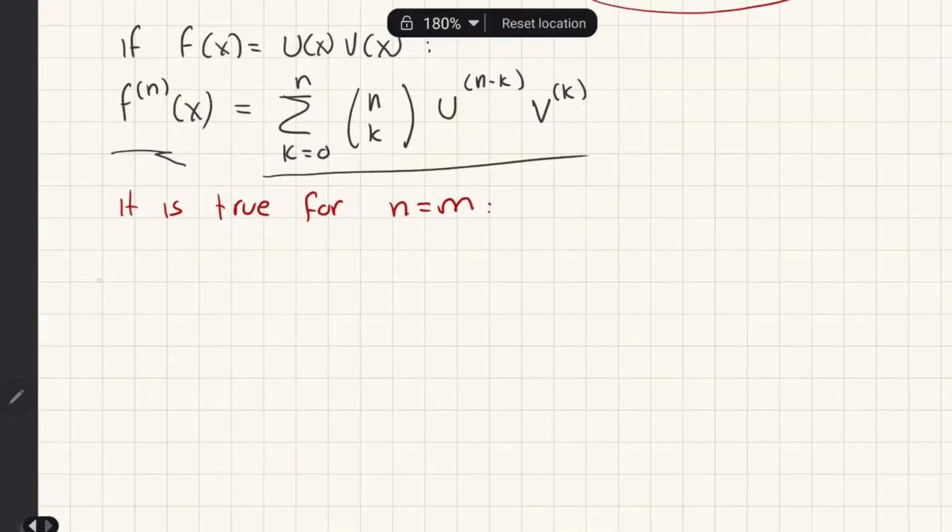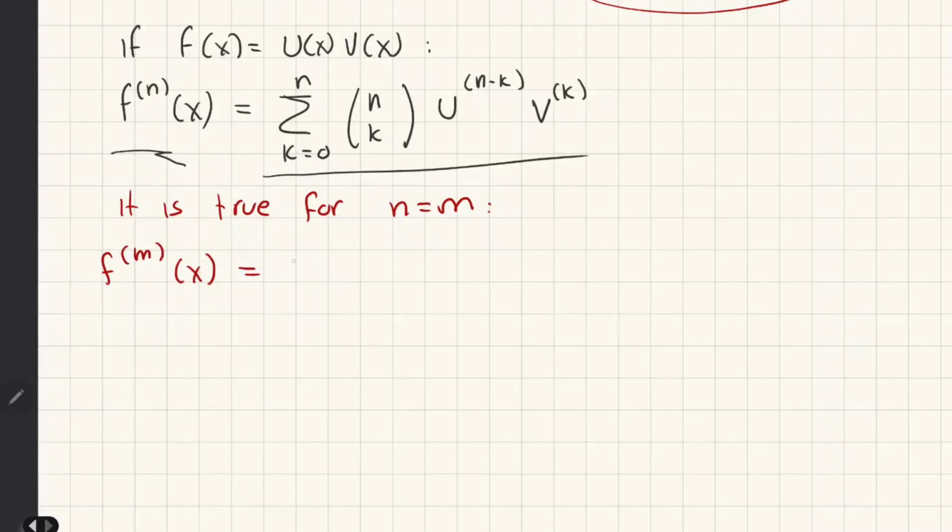So that means that the mth order derivative of f is equal to the sum from k equals 0 up to m of m choose k, the (m minus k)th derivative of u times the kth derivative of b. Perfect.